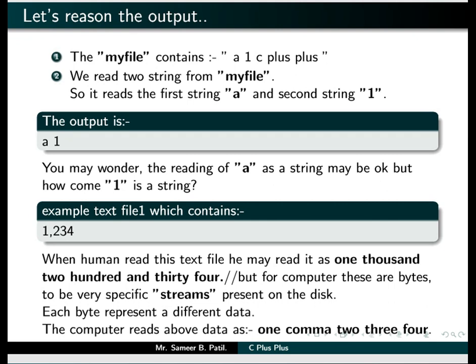Specifically, the computer understands this as streams of bytes. Here again stream means zeros and ones, groups of zeros and ones, flow of data. So the computer understands this file not as 1234, but as 1 comma 2 3 4, each character as a separate entity.